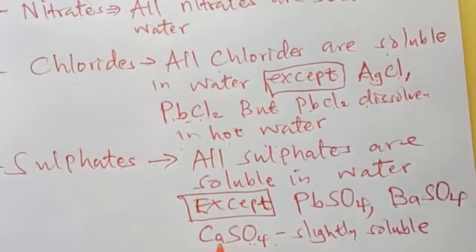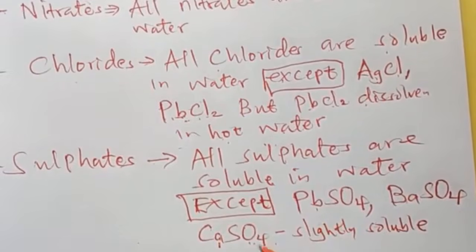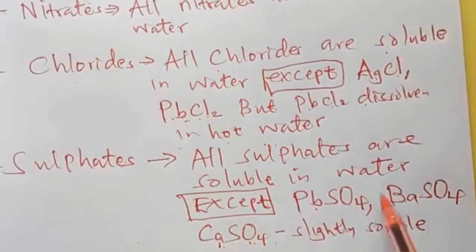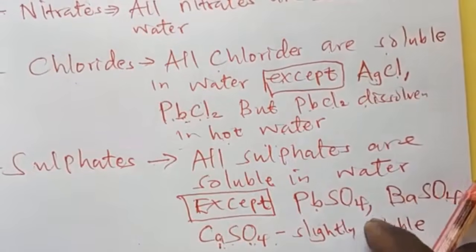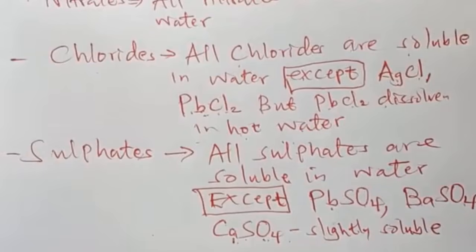So we say calcium sulfate, lead sulfate, and barium sulfate are insoluble in water, because if you dissolve them, you will see some milkiness. If it is milky, then it is not a colorless solution. So calcium sulfate, lead sulfate, and barium sulfate form a white precipitate. It means they are insoluble in water.